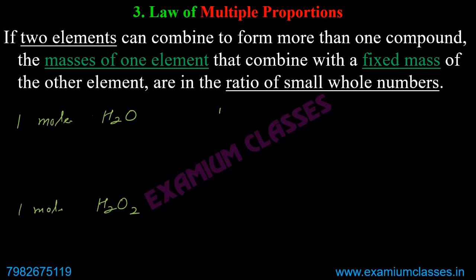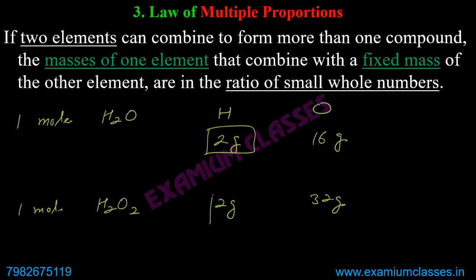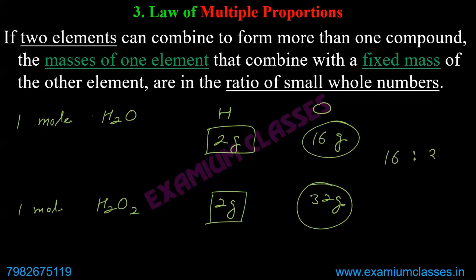In H2O, hydrogen is 2 into 1, 2 grams, because atomic mass of hydrogen is 1, and oxygen is 16 grams. In H2O2, again hydrogen 2 grams, but oxygen is again 32 grams. Keeping the mass of one element constant, 2 gram, 2 gram, the masses of other elements are in simple whole ratio, 1:2.